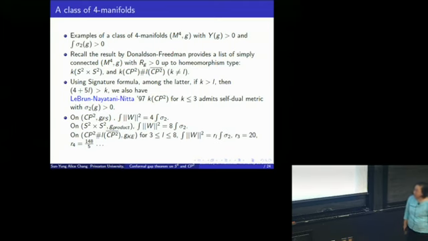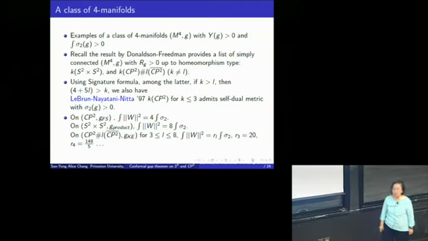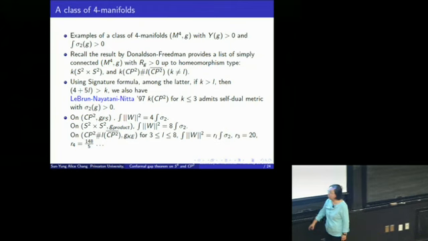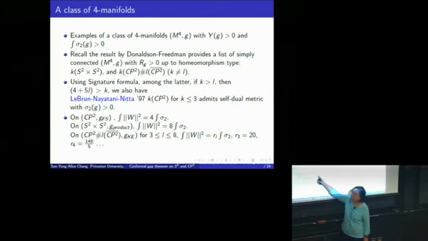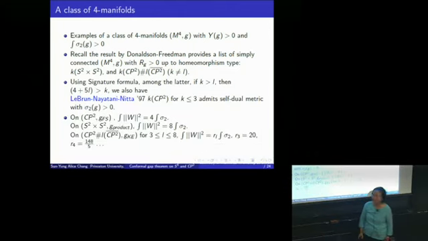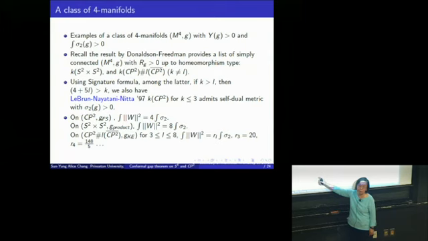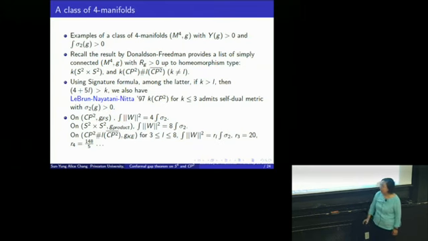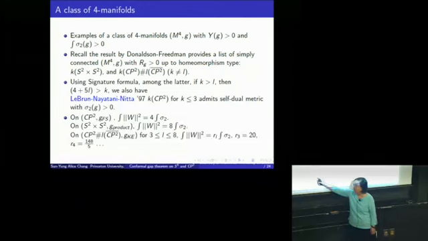And now let me also say that there are other obvious examples. CP², where we already know the Weyl square integral is 4 times sigma 2. And then S² × S² has this functional, Weyl square, which is 8 times sigma 2. And then, of course, there are these examples.